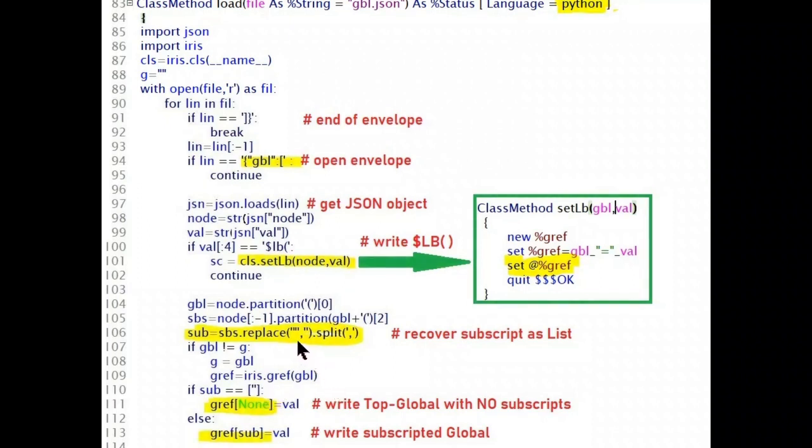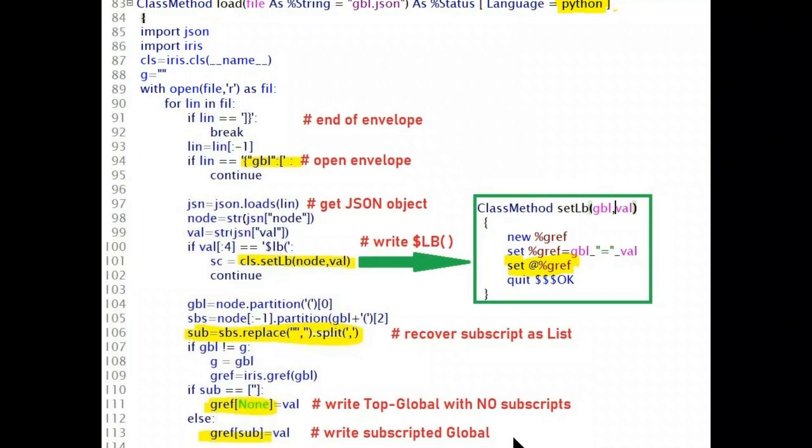So I have to transform my typical subscript structure as written to the object into a Python list. Okay, and once you have it, you have your global reference, you have your subscript list.